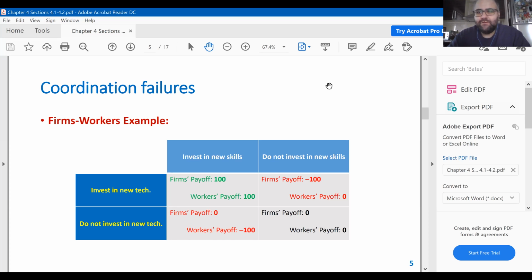Now, in this very simple example, the firms have two options. Either they invest in new technology, right? Or they do not invest in new technology. So it's like a 0-1 decision. After the 0-1 decision, of course, if they decide to make an investment, then they would find the optimal level of investment, etc. Right? But here we are going to look at whether they invest or not. Okay, and each firm takes a decision, right?